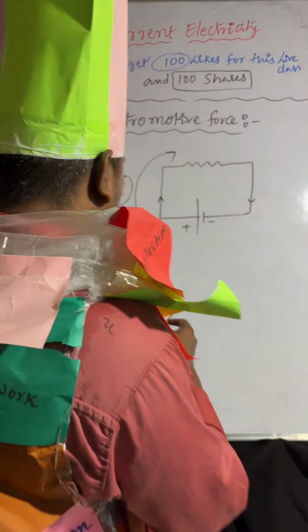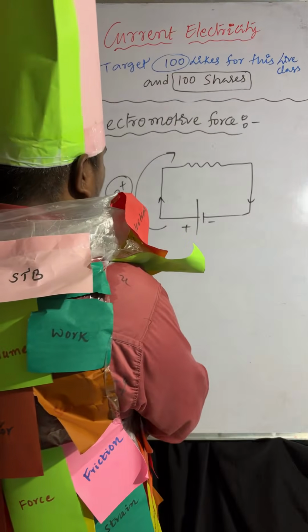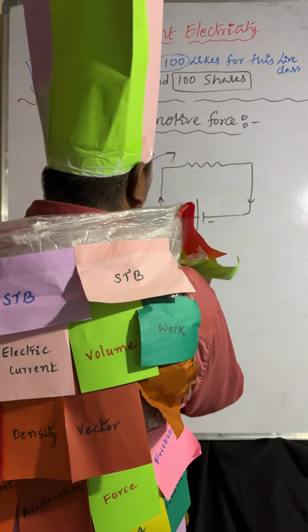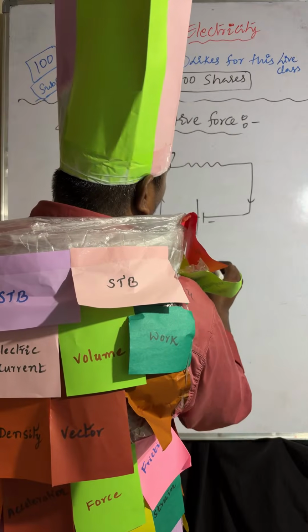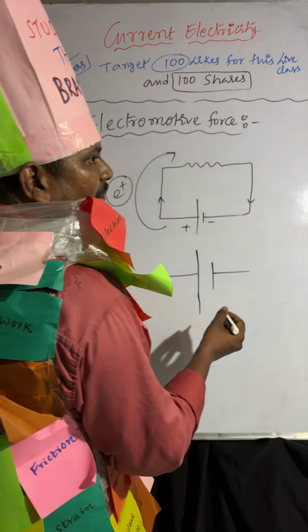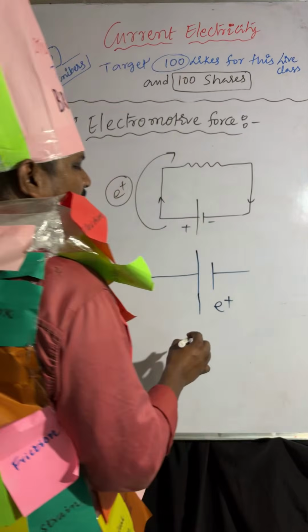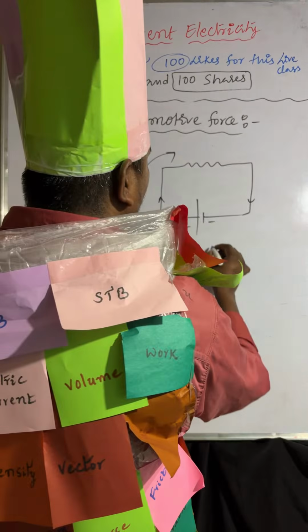Now here you can observe, positive charges are moving from high potential to low potential, or positive terminal to negative terminal. Positive charge at the negative terminal is at low potential.